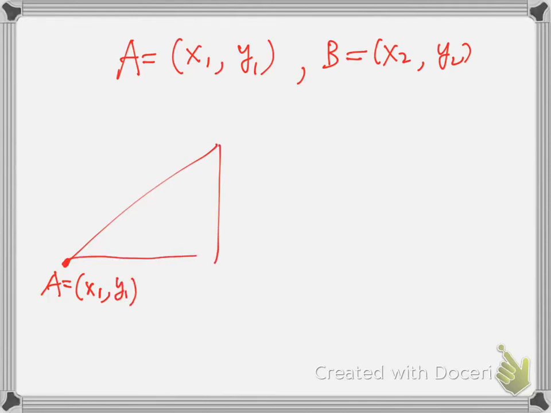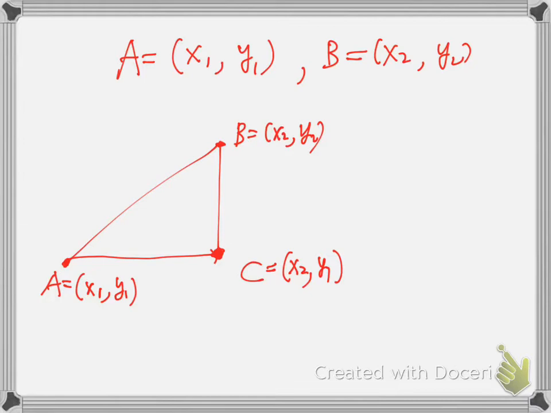Here is B, x2, y2. So now let's add this point C. C is on the vertical line, so CB is vertical. So they have the same x, so this is x2. And the AC is horizontal, so they have the same y, so this is y1.